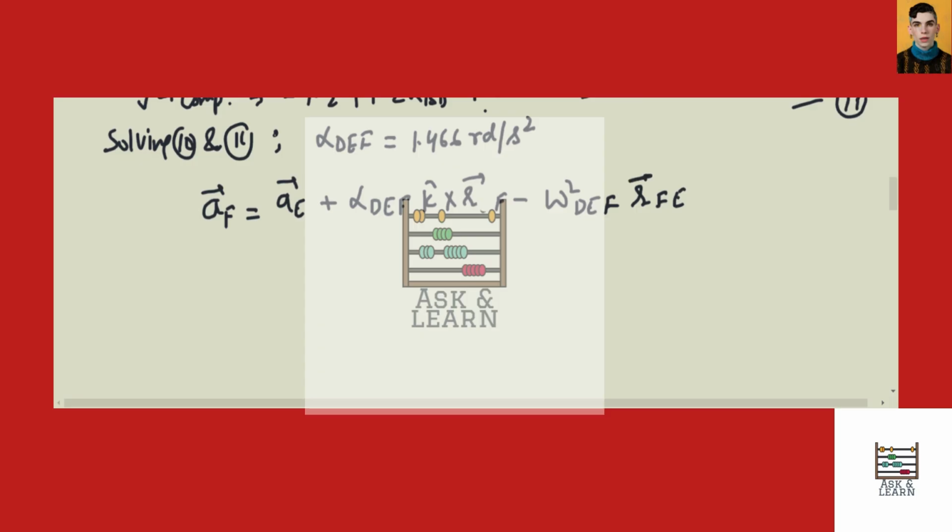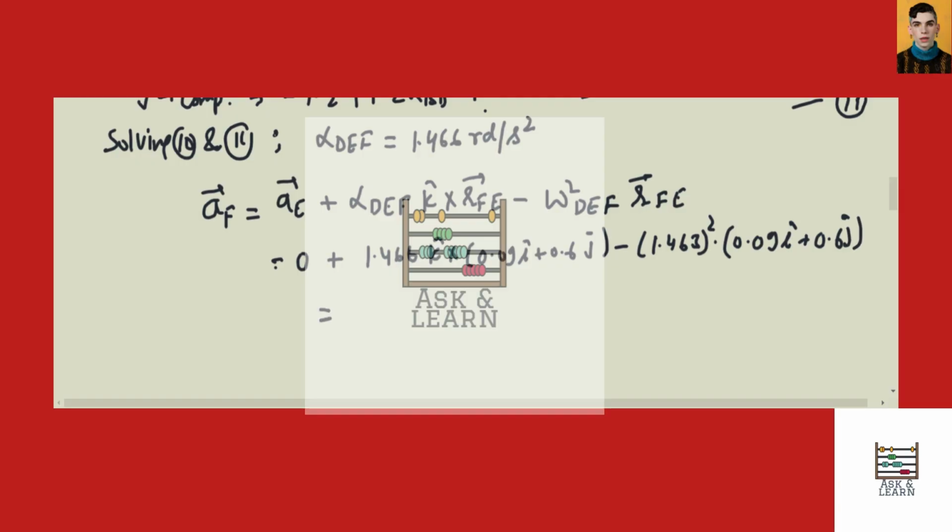I have to make a correction here, it is r_FE vector. The acceleration of E is 0, alpha DEF is 1.466 k cross r_FE, 0.09 i cap plus 0.6 j cap, and omega square DEF is 1.463 square into 0.09 i cap plus 0.6 j cap.